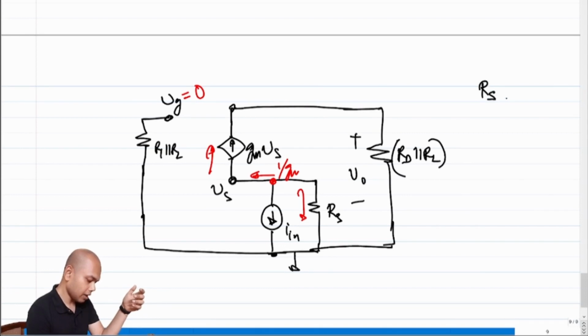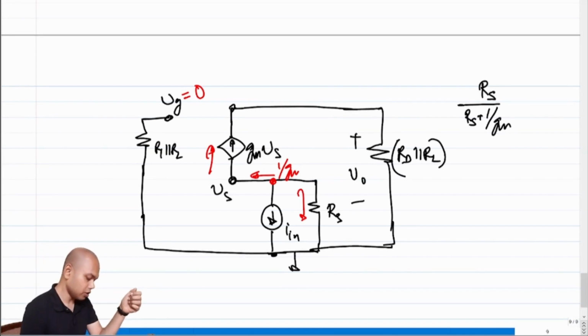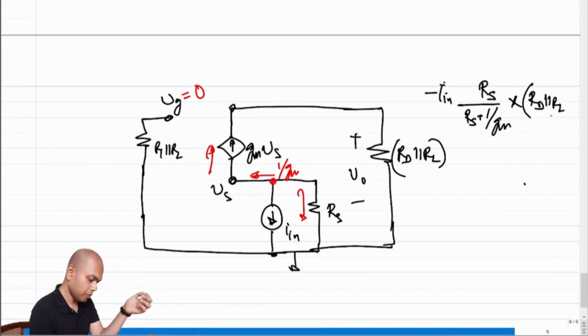This will be Rs by Rs plus 1 over Gm, the current flowing through the Gm VGS current source, and this current will flow into the parallel combination of RD parallel RL, and it will create a voltage. So this is minus IN times the current flowing in, and this current is creating a voltage across RD parallel RL, and this will be the V0.